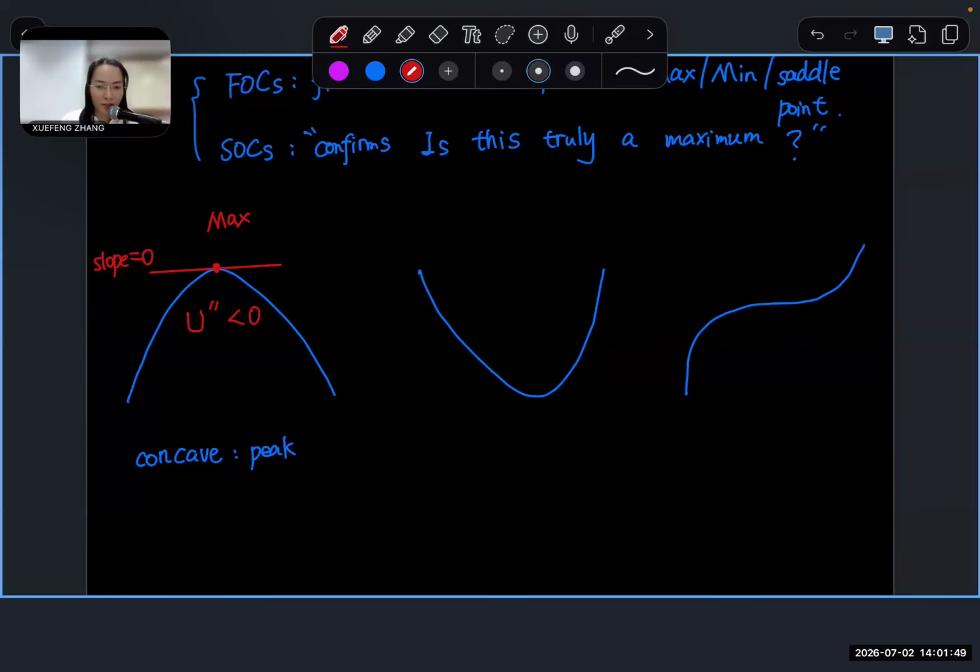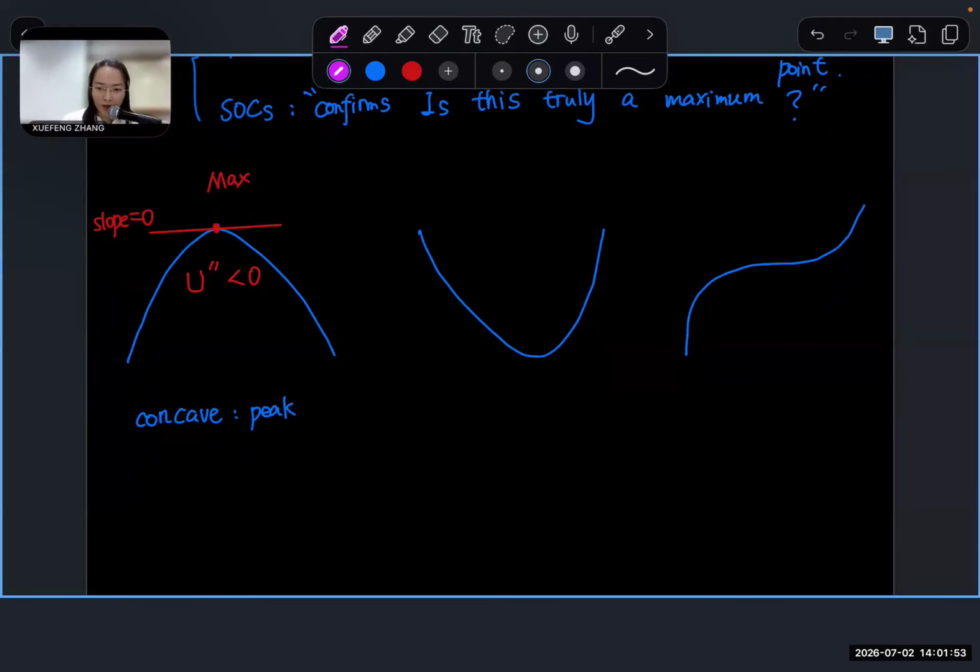Another case: if the curve is convex, remember the indifference curve looks like this, convex as we learned before.